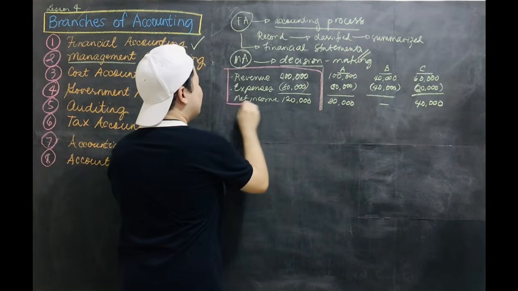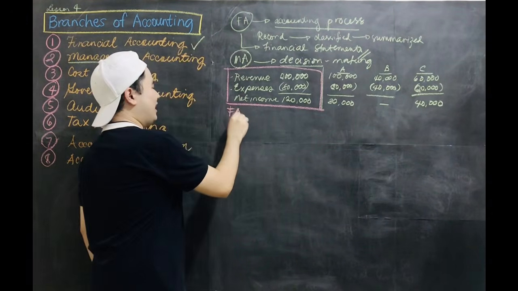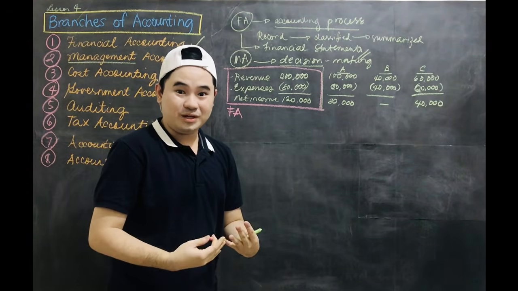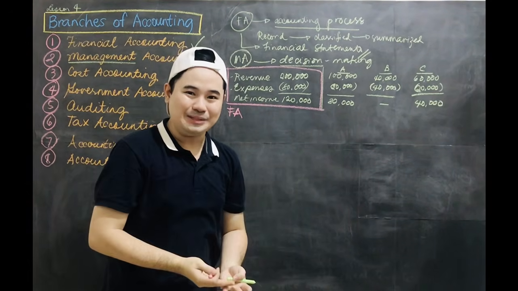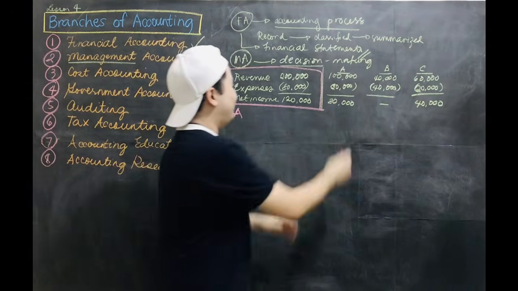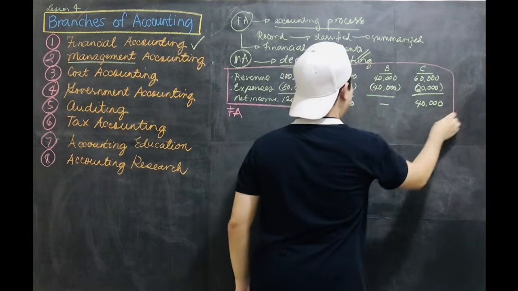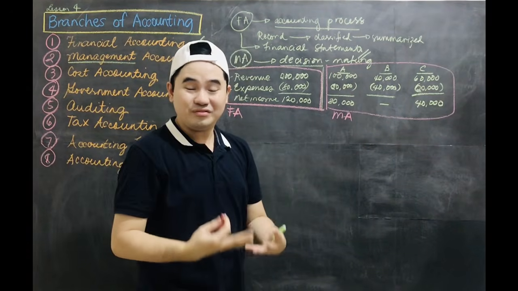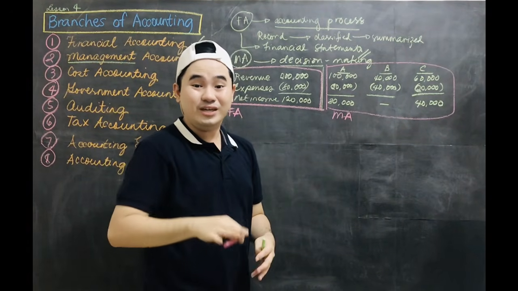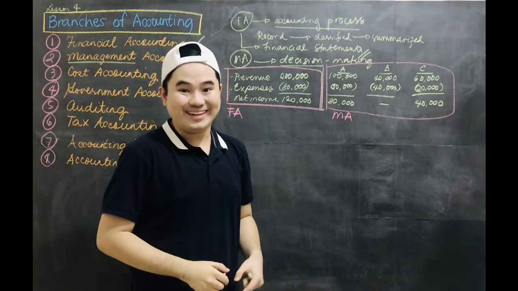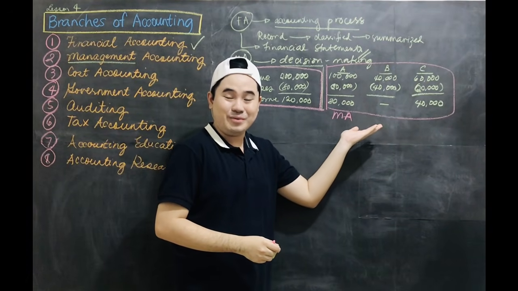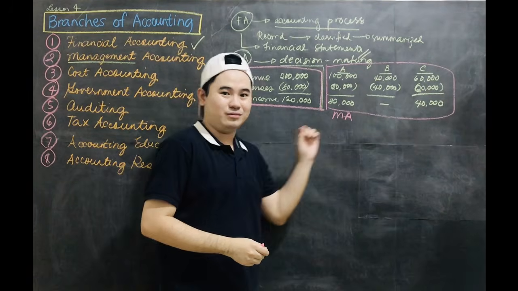This income statement is financial accounting because we report the operations of the company in totality. Now, this one is management accounting. We are more flexible because it is being used in decision making. So, what might be the decisions that the owners or the managers of the company will think about this?